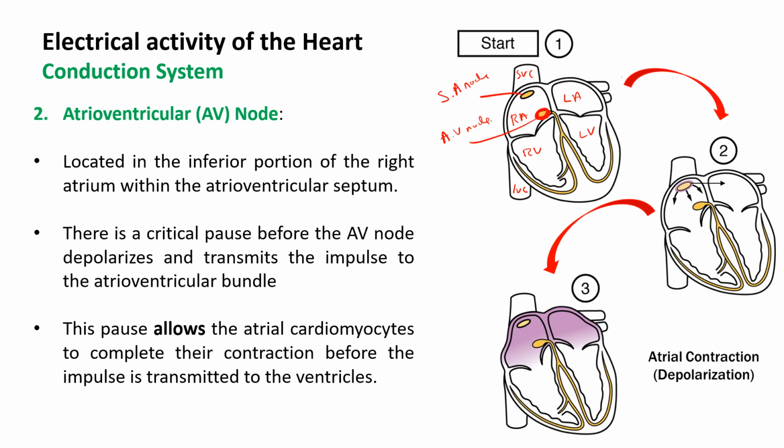Now notice that from the AV node, we have this little string or this little bundle of things. I don't want to call them neurons or nerves, but we have this bundle. Do you think that that little thing is still called the AV node? No, node. Do you think this is called the same? Of course not, because it's not a node, right? It's going to have a different name.